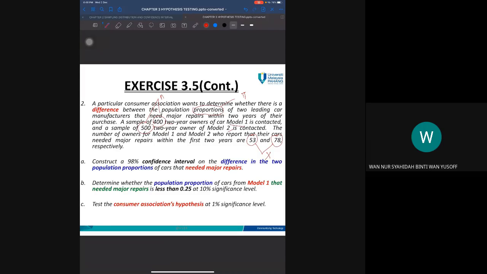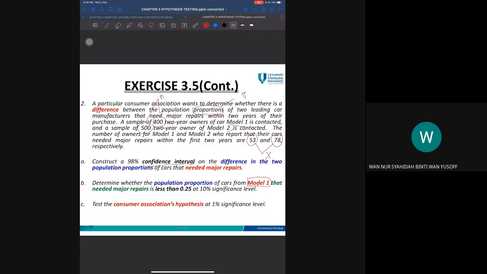So A is a confidence interval. B, determine whether the population proportion of cars from model 1 that need major repair is less than 0.25 at 10% significance level. So it is only model 1. So we have a single population here.